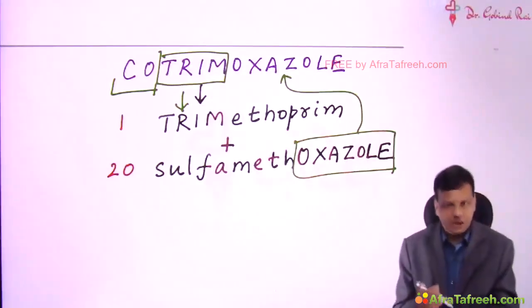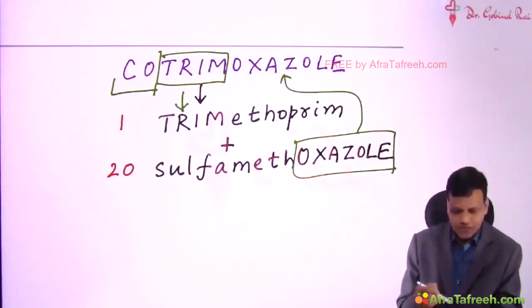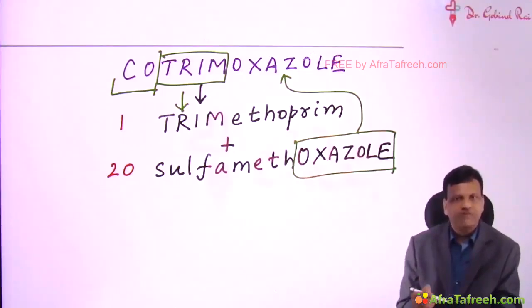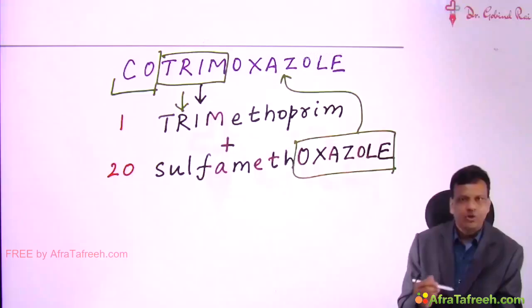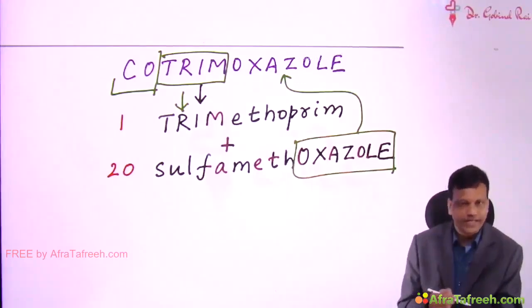If we give in this ratio, then we get the best bactericidal activity. So we developed a tablet containing them in ratio 1:20, and when we measured in the blood, the ratio changed. It became 1:80.